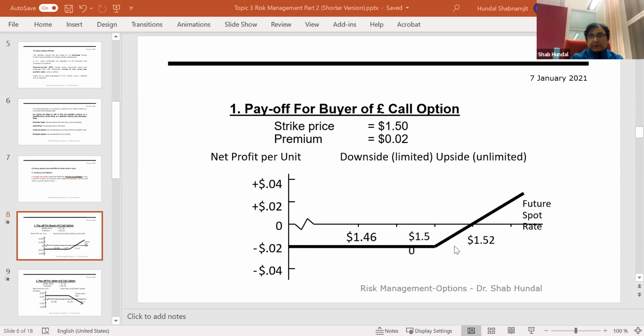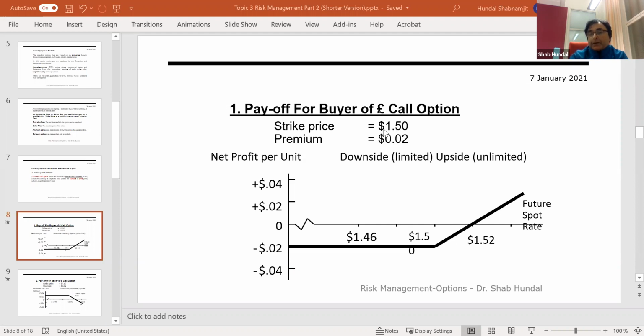Because when you are exercising the option, you buy a pound for 1.50 plus you pay the 2 cent premium in the beginning. So altogether the cost is 1.52. But when you don't exercise the option, you pay 1.51 in the market plus this 2 cent is gone already. So 1 pound cost you 1.53.